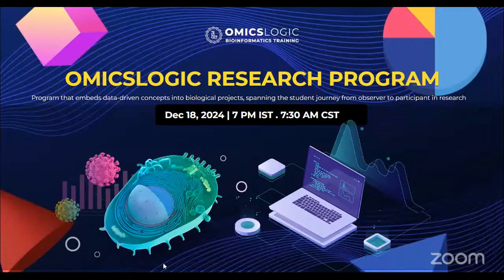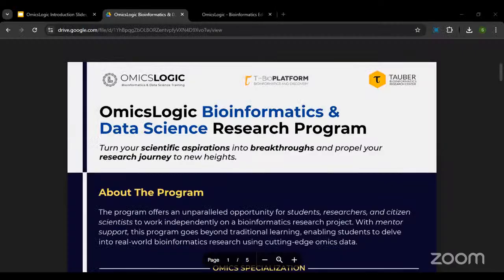So I'll just quickly stop sharing and then reshare my screen to take you to the research program brochure. Some of you might already be familiar with it, but for those of you who are new to the program and want to know more about it, I'll just quickly take a moment to introduce you to the program.